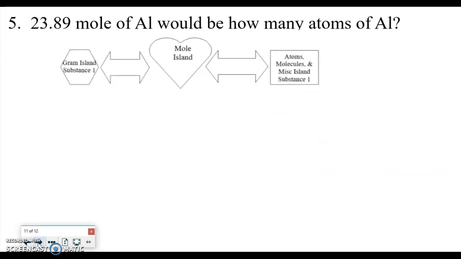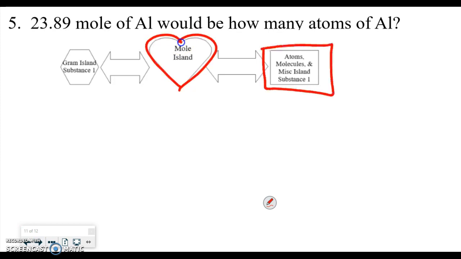This next problem, it says we have 23.89 moles of aluminum, and how many atoms would that be? So we are starting here, and we are going over here. That is what we are doing. So we start with what they are given, 23.89 mole of aluminum.